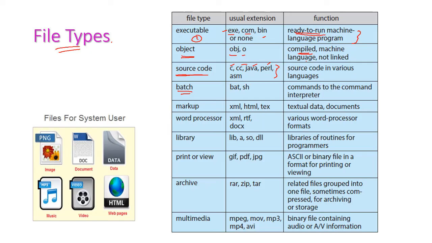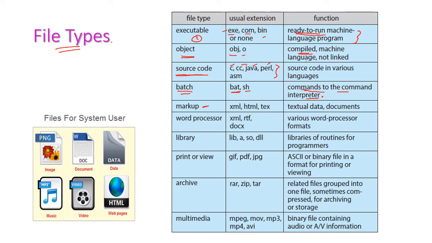And the next one is batch file. Batch file means commands to the command interpreter. A sequence of commands will be there that will be executed once the batch file is executed. The extension is .bat or .sh. And the next one is markup file.